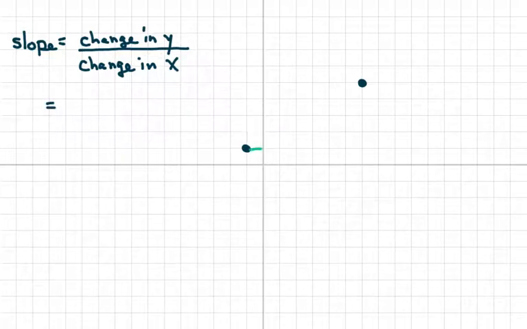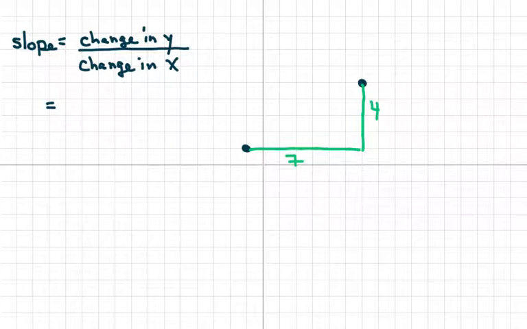So 1, 2, 3, 4, 5, 6, 7 to the right, and 1, 2, 3, 4 up. So the slope here would be 4/7. Yep. Okay.